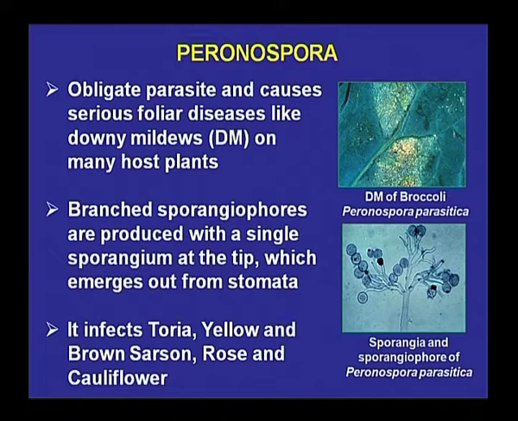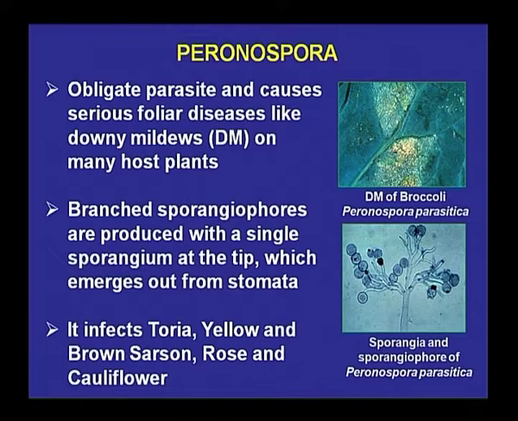You see here that white downy growth is seen under the leaf surfaces, and branched sporangiophores are there. In this case it is branched, and it produces a single sporangium on the tip, which emerges out from the stomata as shown in the case of Phytophthora.